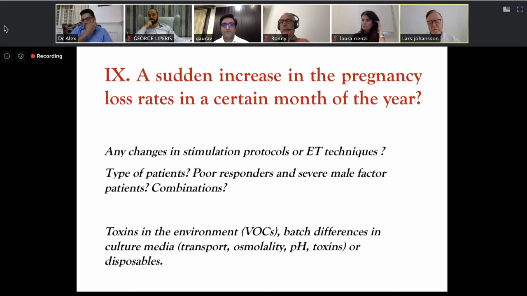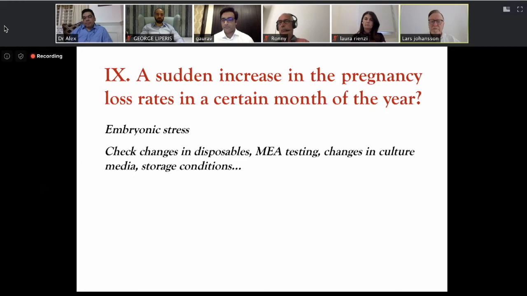And I've seen that in other places also, where they have fires around the clinics. And the ones that had protected themselves with a good ventilation system, nothing happened. When you have a sudden drop, it must be something very, very bad happening in the environment, or a disposable or something you changed from the company that gives you the culture media.